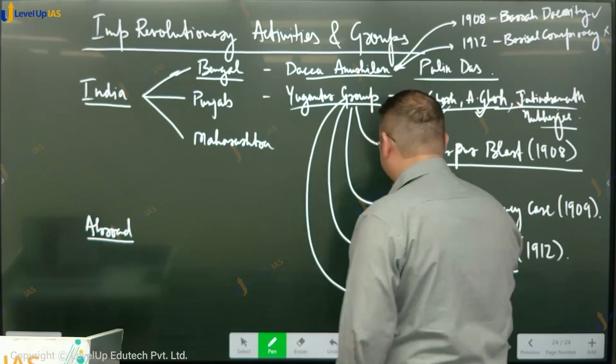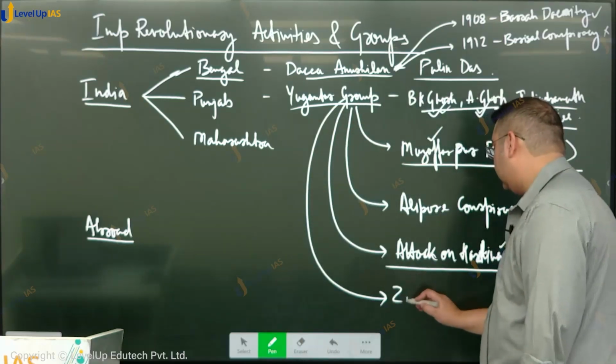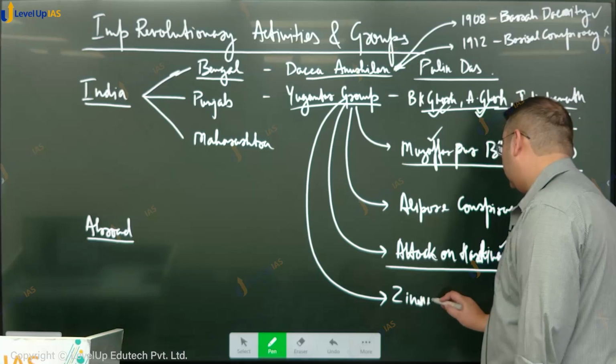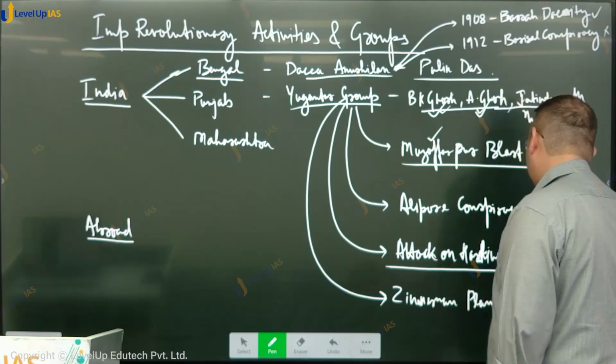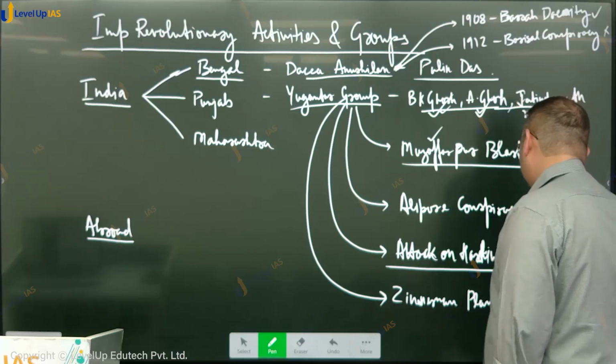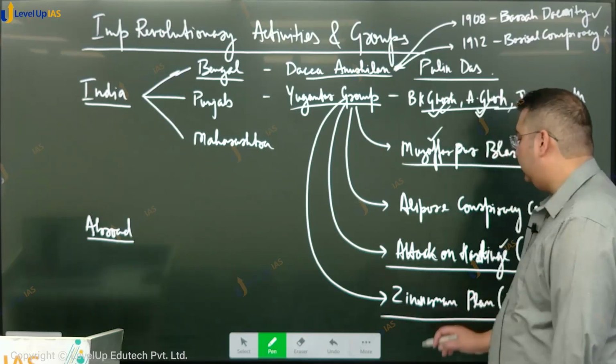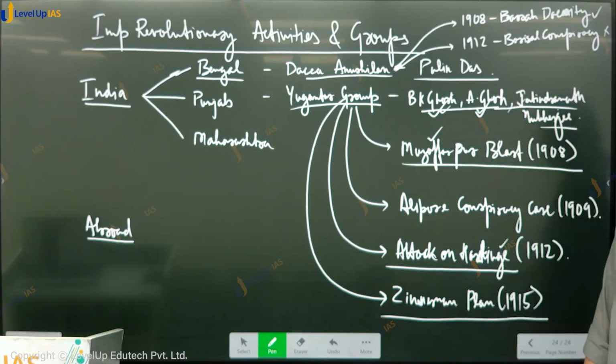Another plan was the Zimmermann plan, in 1915. Zimmermann was the German foreign minister who had been approached by some Indian revolutionaries such as Virendranath Chattopadhyay, who had set up the Berlin Committee for Indian Independence.